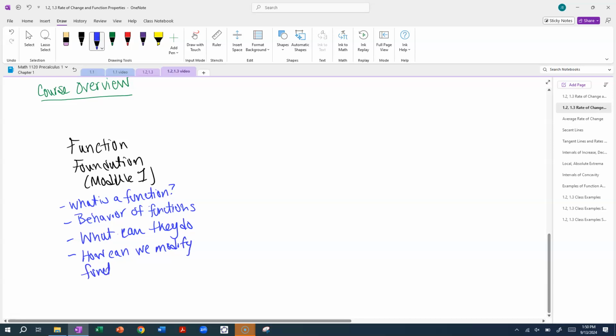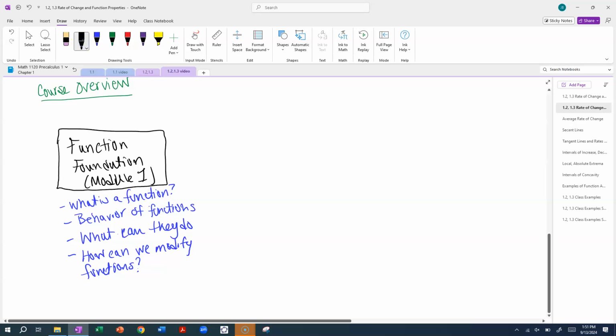Once we understand what a function is, we're trying to see why we care about these things. What can they do? And we really want to understand the mechanics of functions. That's why we call it Function Foundations.